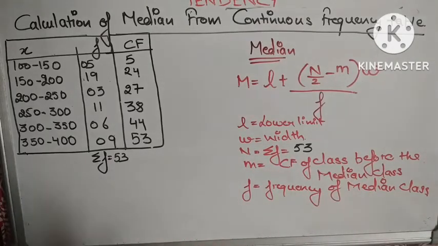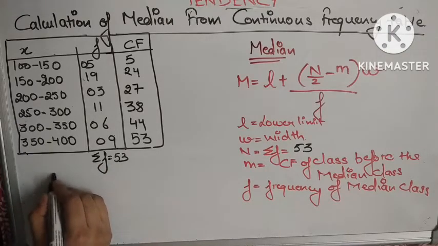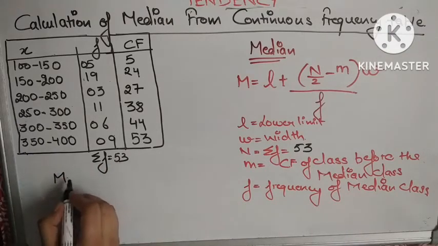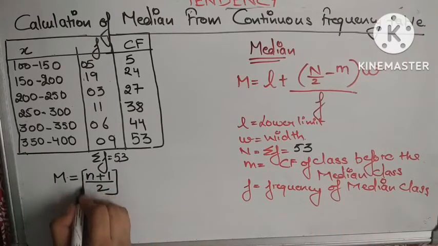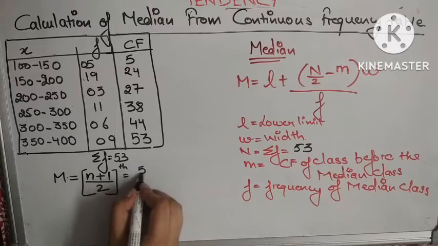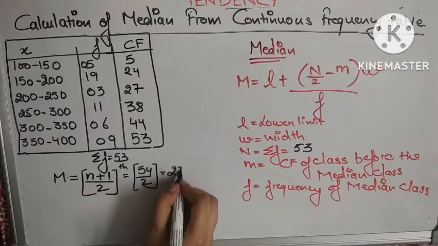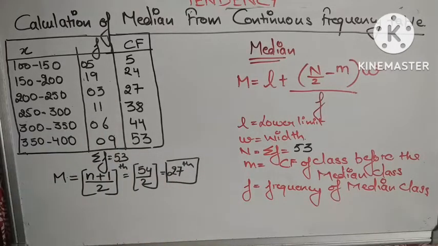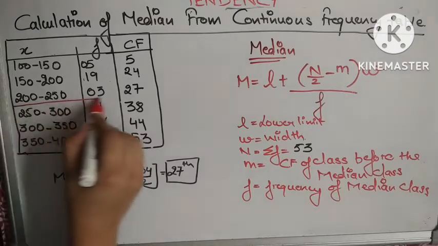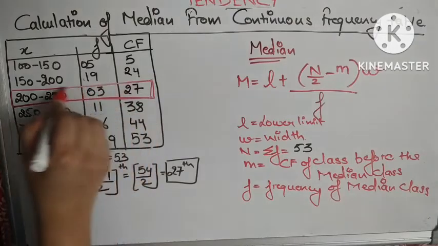Now you will first find out where the median class lies. As I told you in the previous question, the median is the (n plus 1) by 2th value, which is 54 by 2, the 27th value. So the 27th value lies somewhere here, and this is the main class interval which plays an important role.